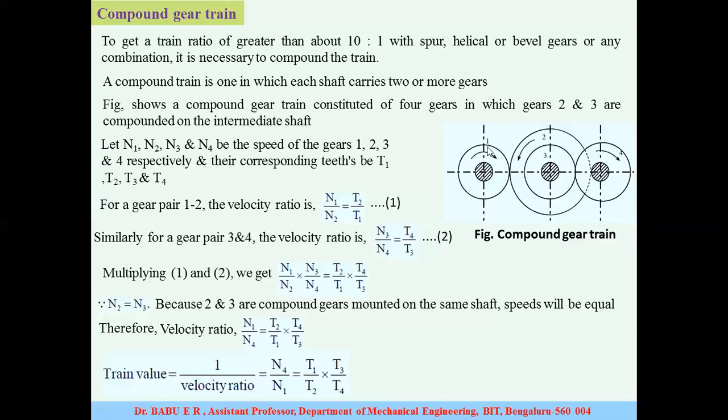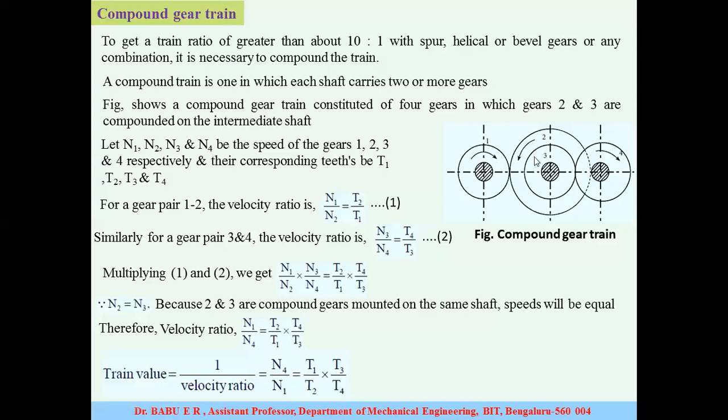For the gear pair 1 and 2, we can write the velocity ratio, the ratio of speed of the driving gear to the speed of the driven gear, N1 by N2, which equals the number of teeth on the driven to the number of teeth on the driving. The second gear is the driven gear, and 1 is the driving gear. So N1 by N2 equals T2 by T1, called equation number 1.